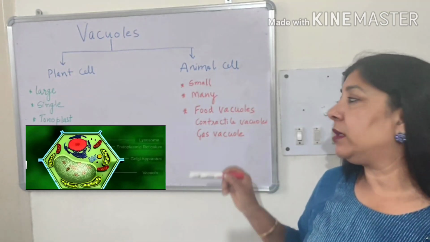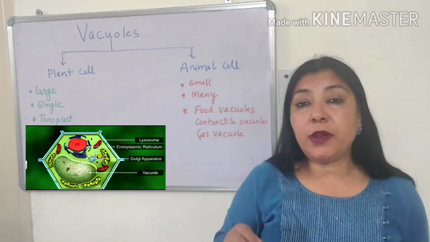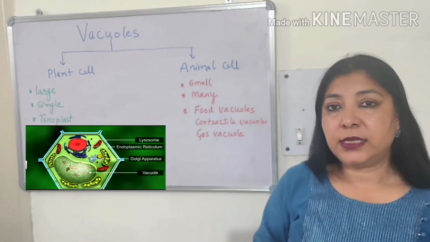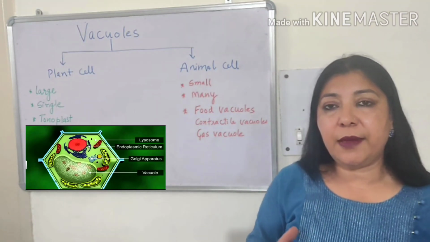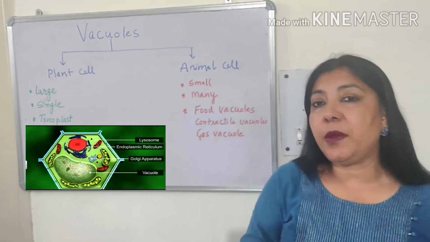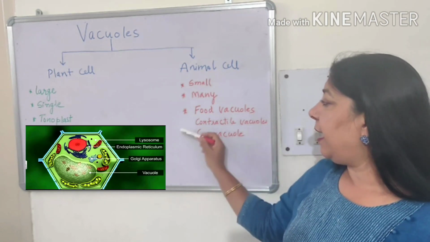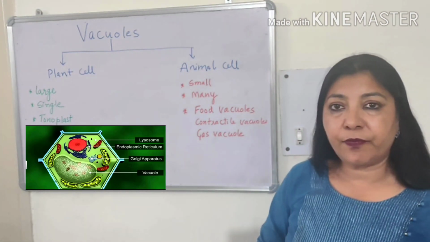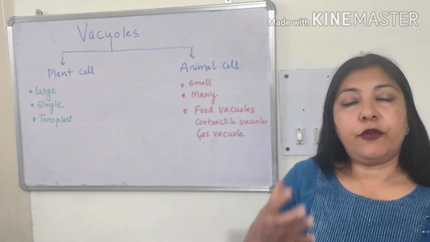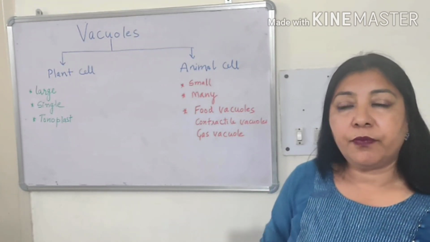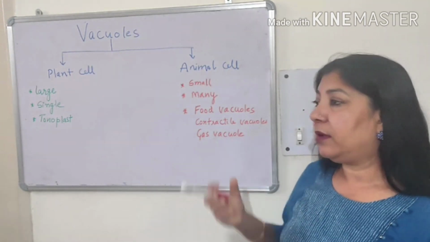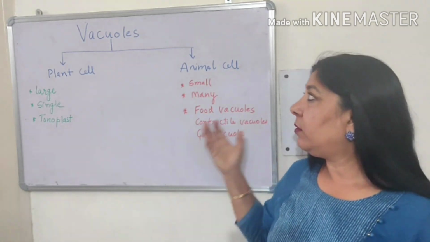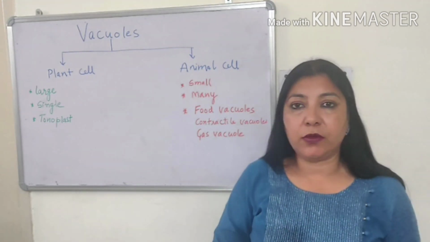So they are food vacuoles. They may be responsible for the movement, cytoplasmic streaming. For example, in case of amoeba, the movement is with the help of contractile vacuoles. And for providing the buoyancy, they may have gas inside them. So the vacuoles may be gas vacuoles.